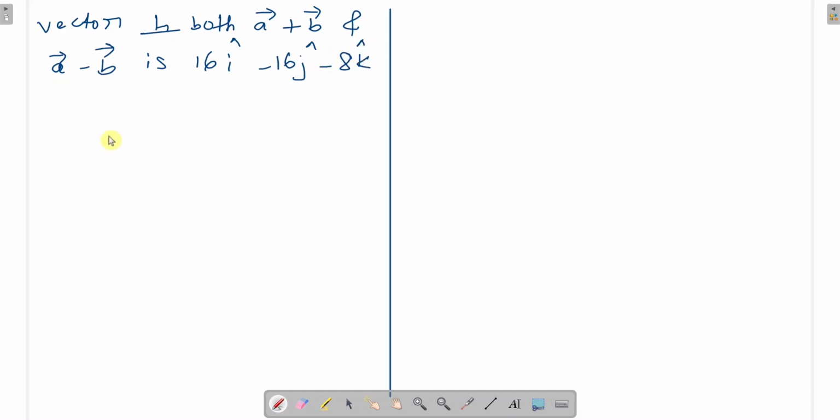But we have to find the unit vector. So how to find the unit vector? Unit vector is obtained just by dividing the vector by its magnitude, right?